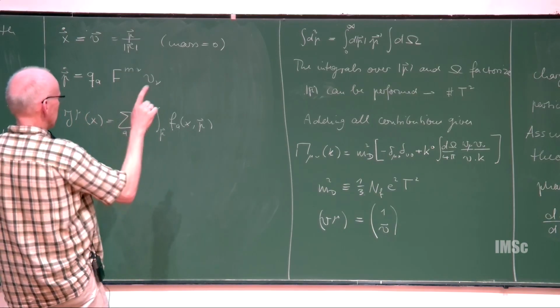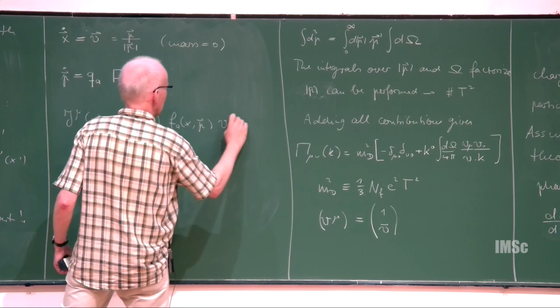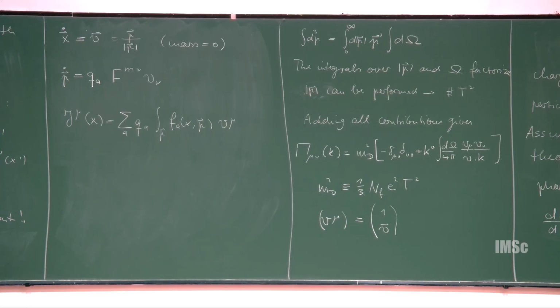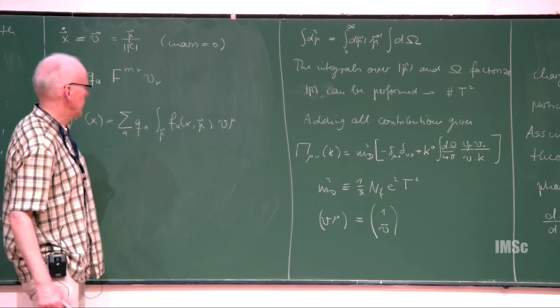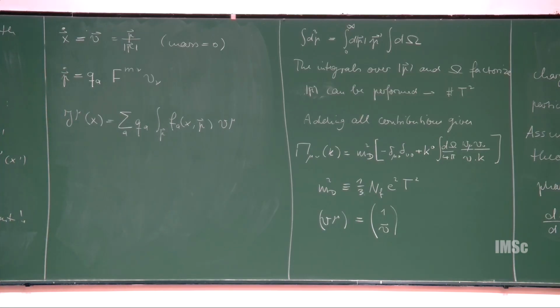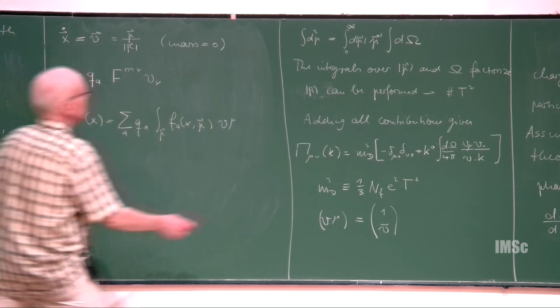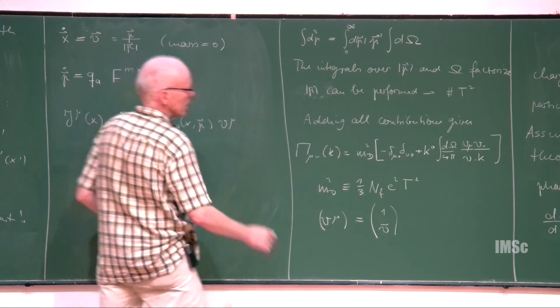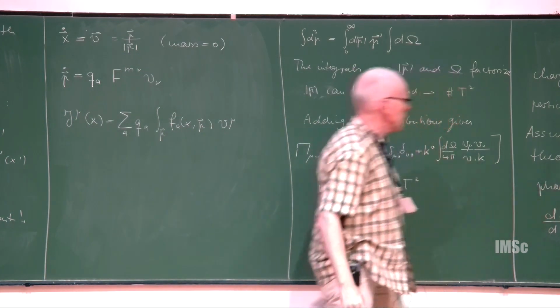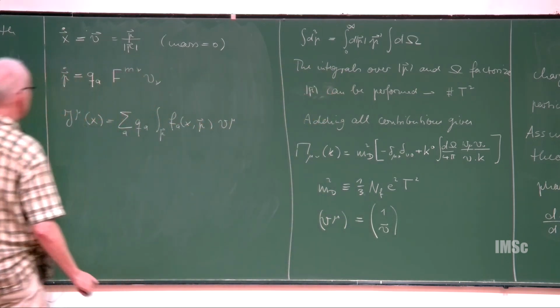And then, for the spatial current, we need the velocity. So there's a v^μ here. Okay, so we have these equations here, and this, together with this, is the so-called Vlasov equations.